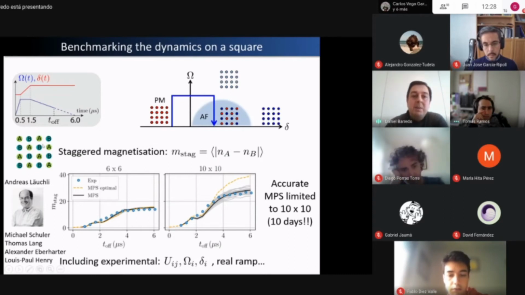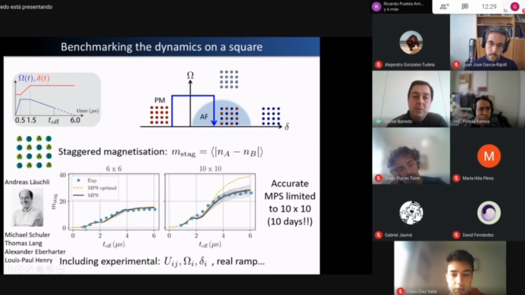And this staggered magnetization is basically you can divide your lattice into sublattices A and B, and then you plot the occupation in A minus the occupation in sublattice B. And what we are going to do is to show this staggered magnetization as you are performing the sweep. You will stop the sweep at certain times, and this is what we observe here by the curve.